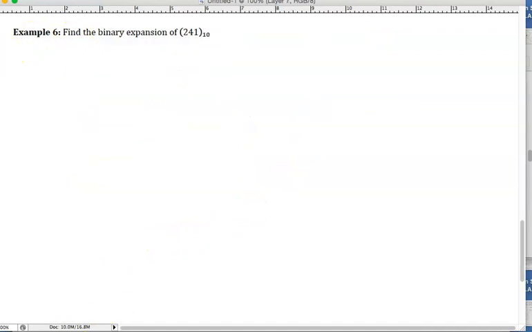All right, and just for kicks, let's do a binary expansion. So I want to take 241 and find the binary expansion. We're going to keep dividing by 2. Okay, so 241 divided by 2, get 120 times 2 with the remainder of 1.